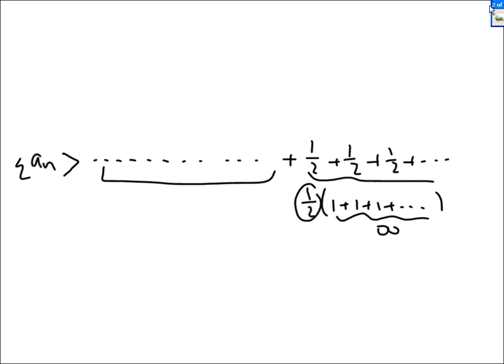So the sequence must converge to 0 for the sum of the terms to converge. But it still may not converge. It's mandatory. It's a must. It's necessary that the sequence converge to 0 for this series, the sum of the terms, to converge.